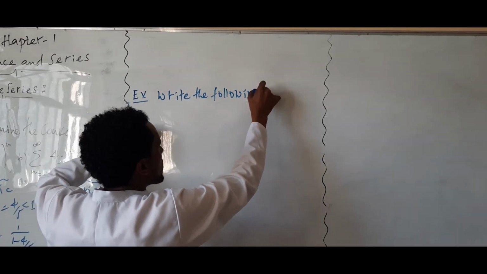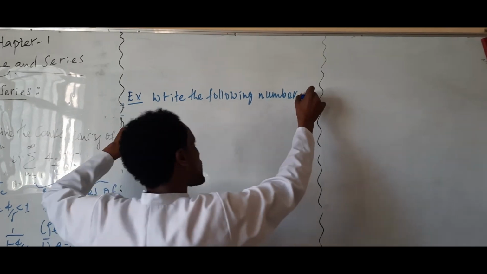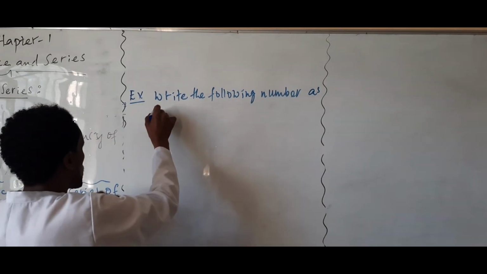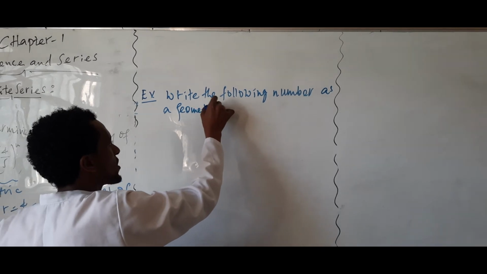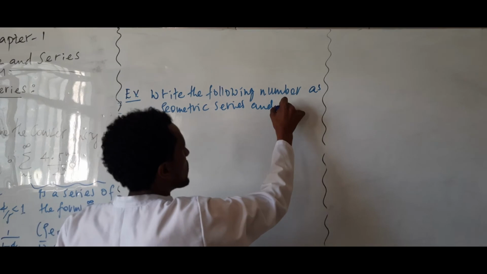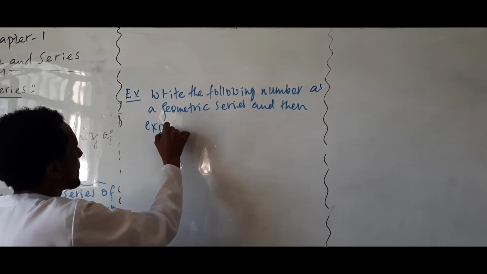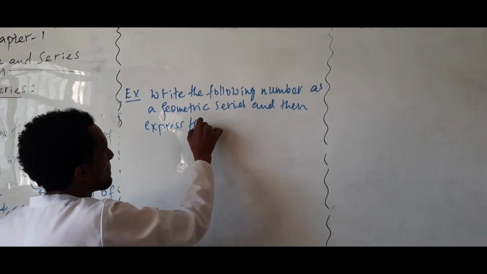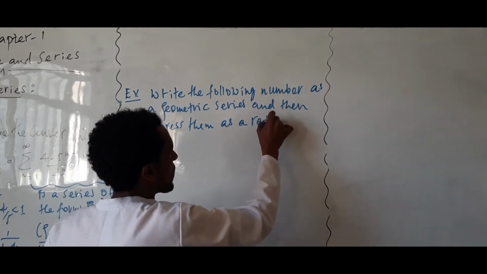Consider the following numbers as a geometric series, and then express them as a rational number.